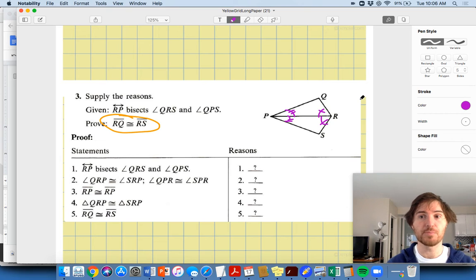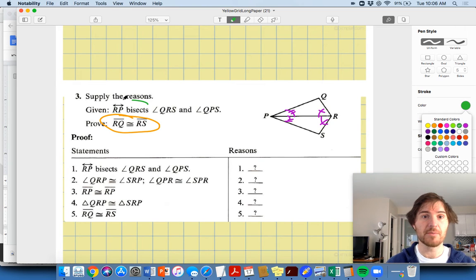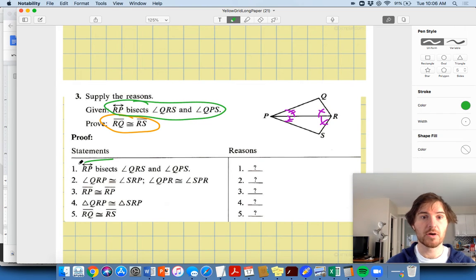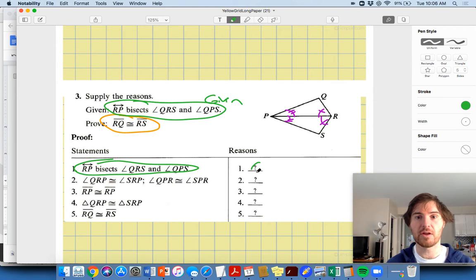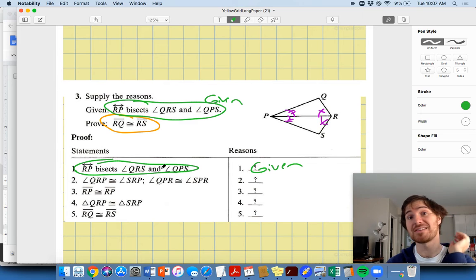So if we look at this proof right now, it looks like the very first step here is going to match up our given premise. Okay, so we're going to exhaust all the givens. That's nice. We won't have another reason that's given. So we have a given, and then I marked it up already. It's not just enough to say that we have a shape that's a bisector of another shape. Again, we're trying to prove triangles are congruent. So we need to say that that helps us either get sides congruent or angles congruent.